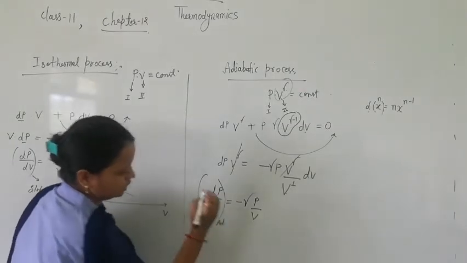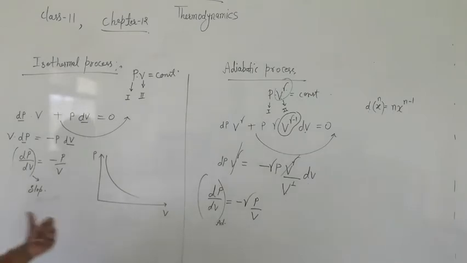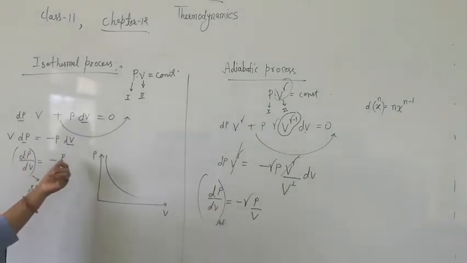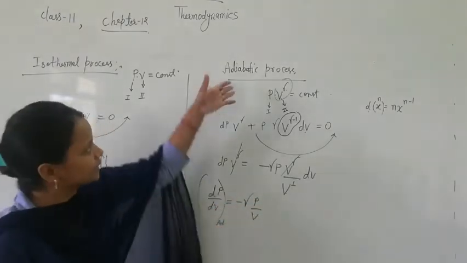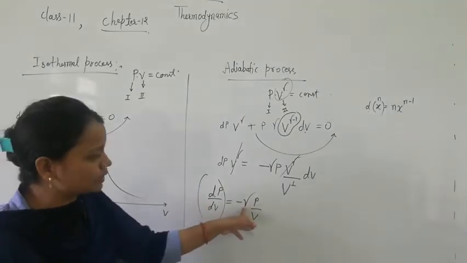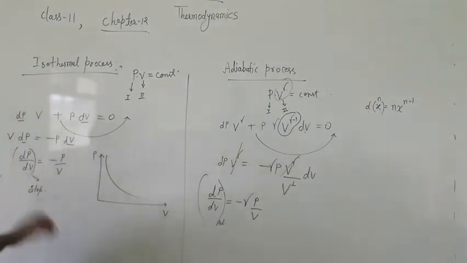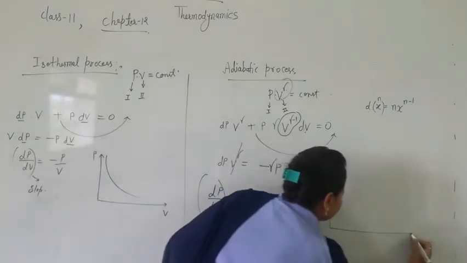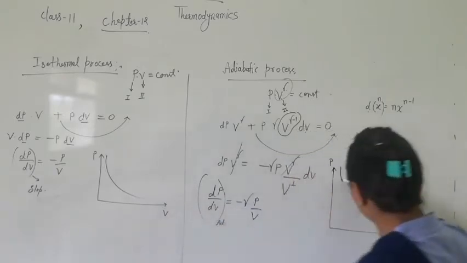Here we can compare these two slopes. In the isothermal process, dP upon dV, the slope of the PV curve, is minus P upon V. But in the adiabatic process, the slope is gamma times greater than the isothermal process slope. We can draw it in a similar manner, of hyperbolic nature.